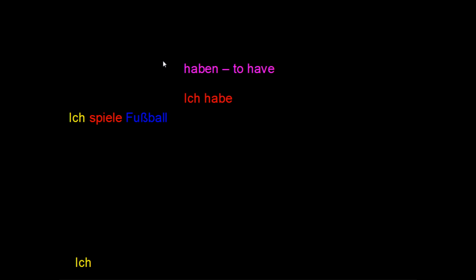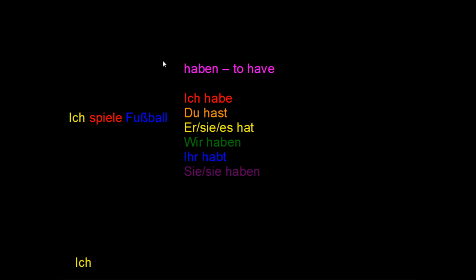Ich habe, du hast, sie, es hat, wir haben, ihr habt, sie or Sie haben. So in our case, we are using ich, so we want the ich form of haben, which, as it says there, is habe. So let's put that down with the rest of our sentence.